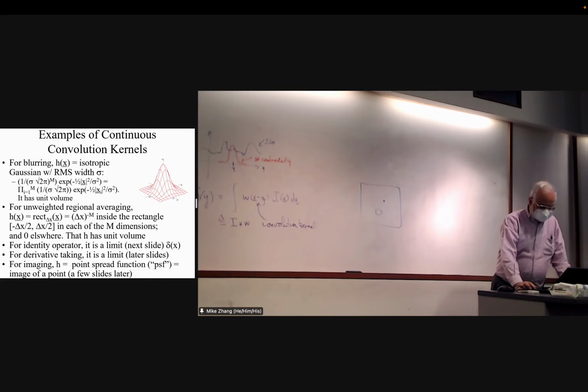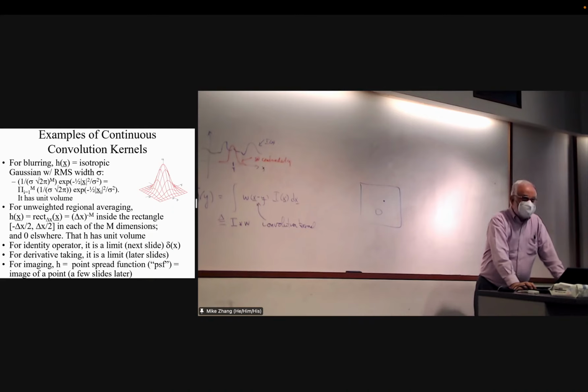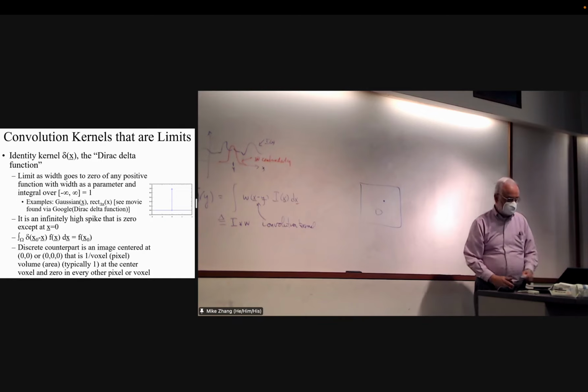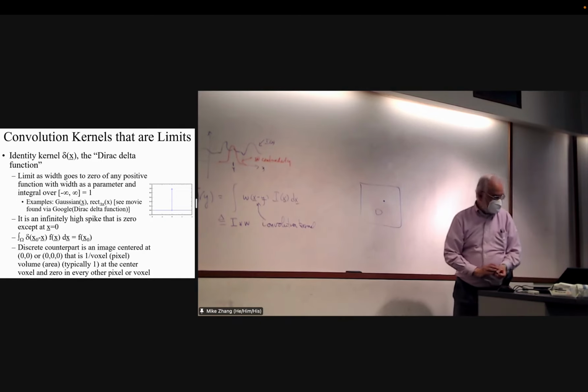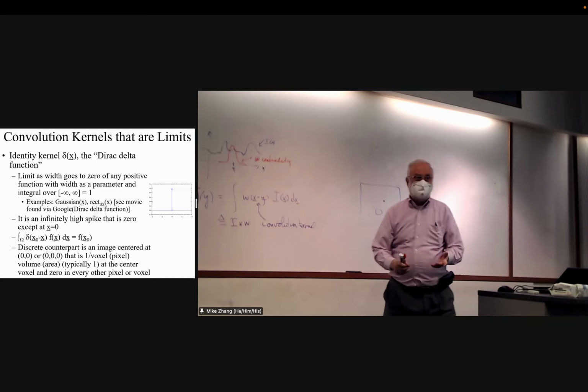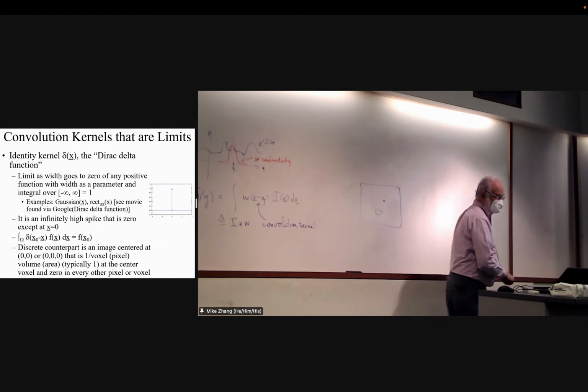We're also going to be interested in the H's that a camera applies. Not computationally, but physically. Okay. So there is this delta function, the so-called Dirac delta function, after a mathematician named Dirac.